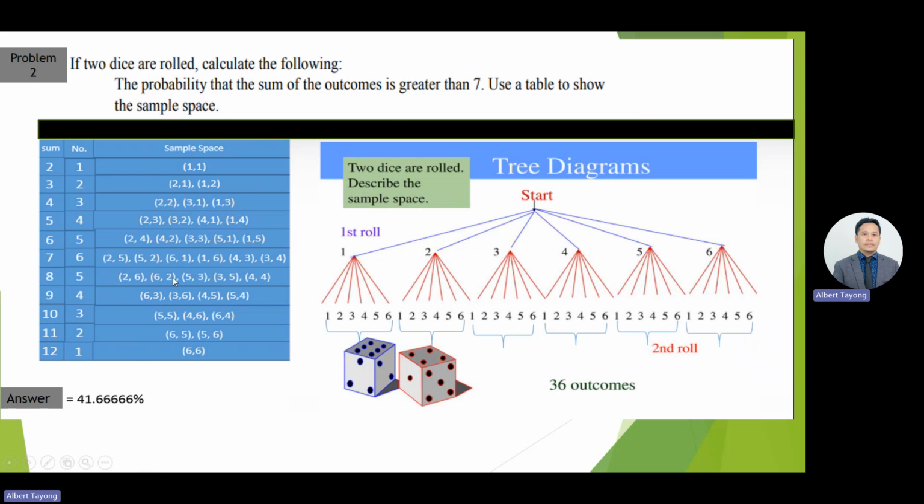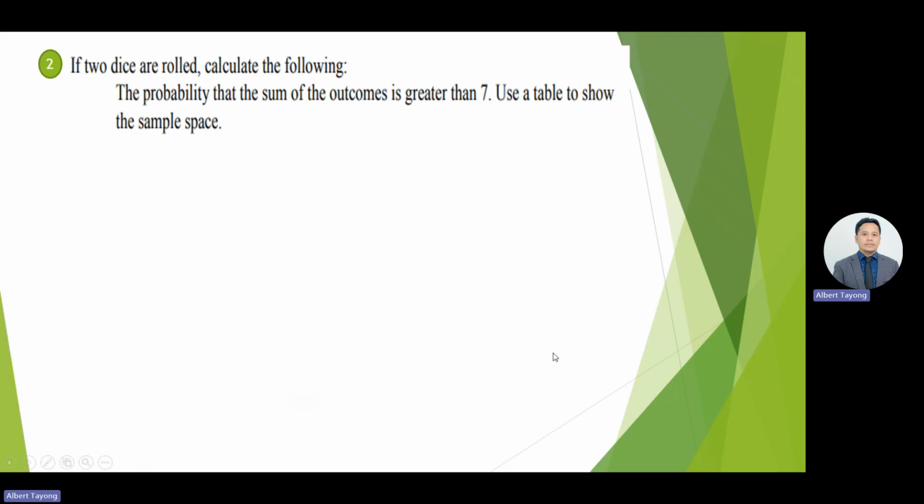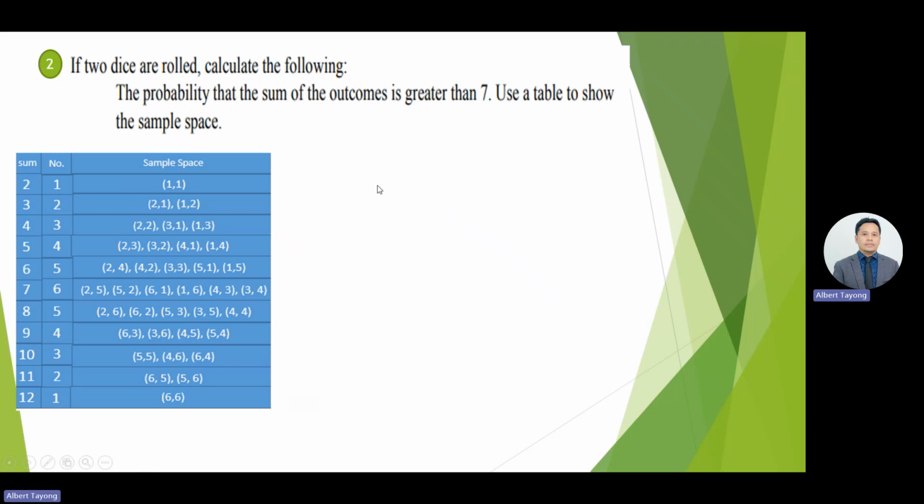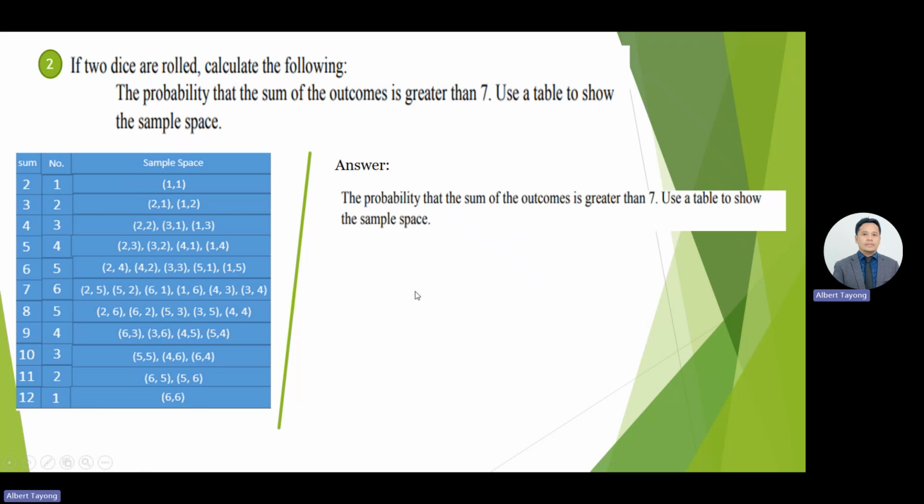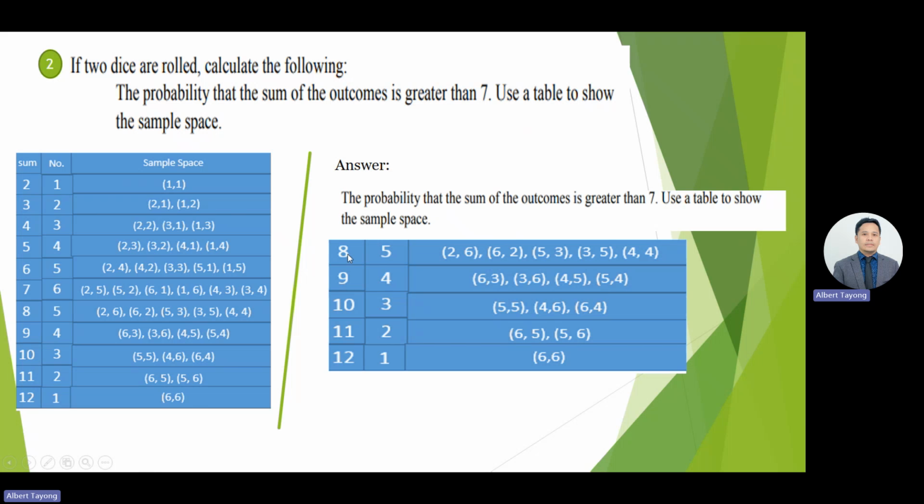So we don't need to specify the whole table. In this case, we have to show only 8, 9, 10, 11, 12. So our numbers are 5, 4, 3, 2, 1. Basically, after 7, you start from the bottom up. Okay, 12 is 1, and then it goes to 2, and so on. So it's easier to use a bottom-up approach.